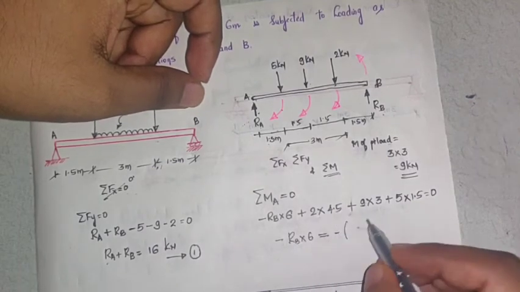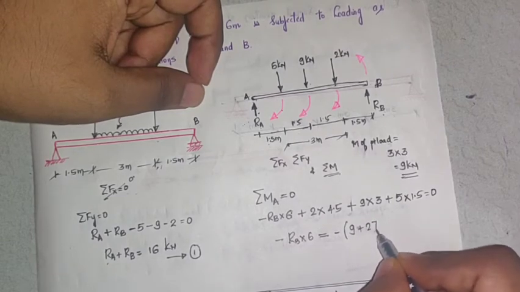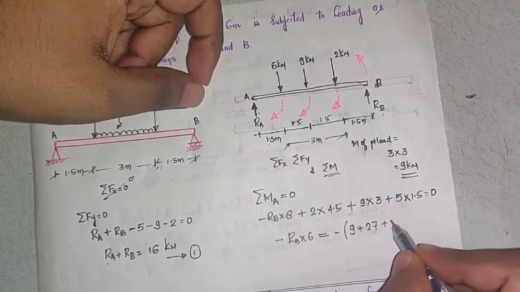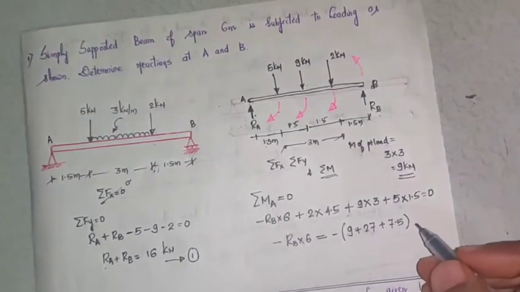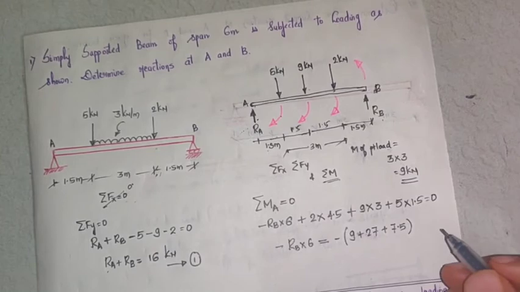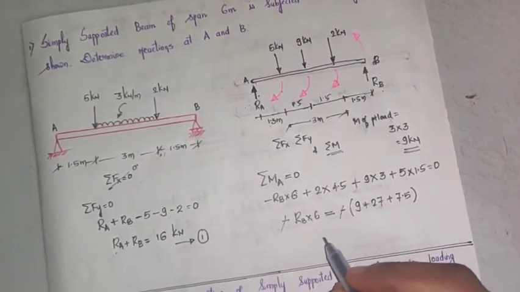So this will be 2 into 4.5 is 9, plus 3 into 9 is 27, plus 5 into 1.5 is 7.5. Then this minus minus cancels.